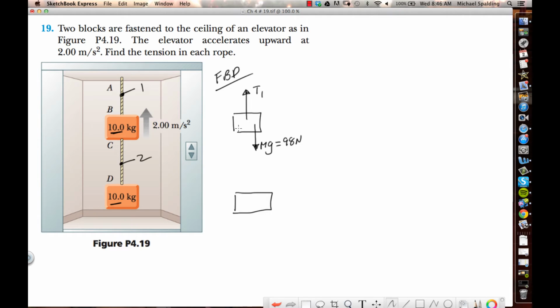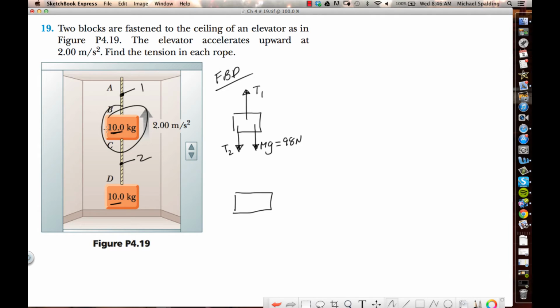And then what's the third force? There's something else acting on that top mass. Tension 2. Isn't this lower rope pulling down on the mass? Yeah. So this upper mass has a force holding it up and then 2 forces pulling it down, its own weight and the tension in the lower rope.